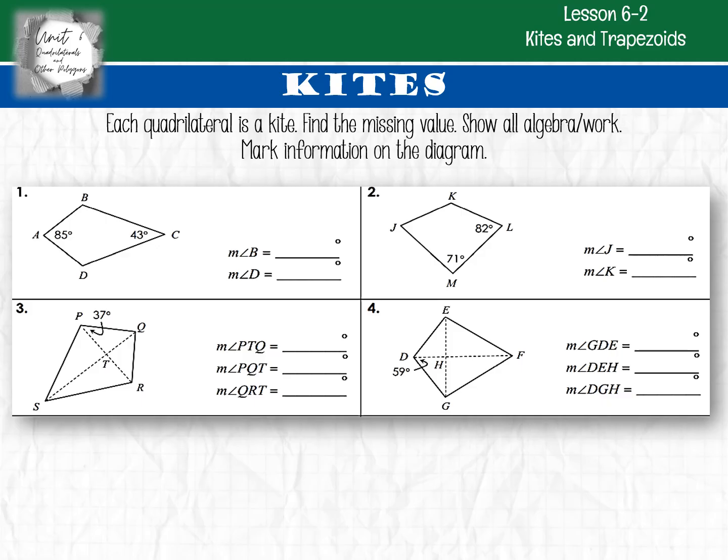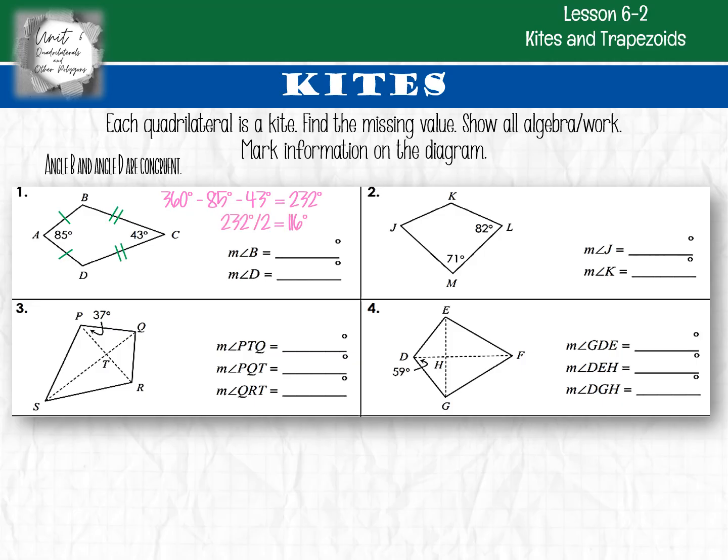So in the prior lesson, we know the measures total in a quadrilateral to 360 degrees. And we have two of them that we know. So 360 minus 85 minus the 43 gives us 232. Now, angle B and angle D are the two congruent angles in the kite.